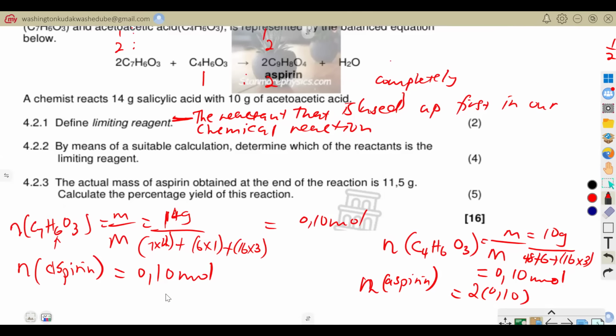So you can see that salicylic acid produces a lesser number of moles of aspirin. Hence, it becomes our limiting reactant.